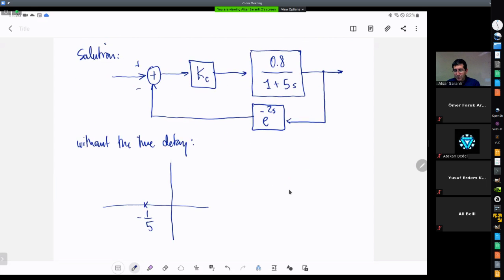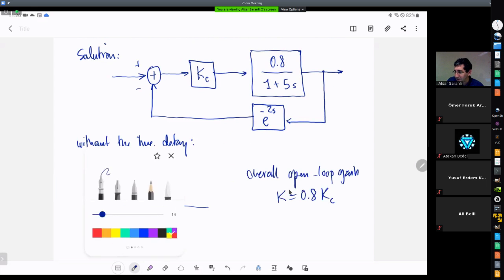And what's going to happen is that the overall open loop gain, let's call this K, is 0.8 Kc. You have to just bear that in mind. Kc and 0.8 are multiplied to become the open loop gain. So when you sketch the root locus, it will look something like this.